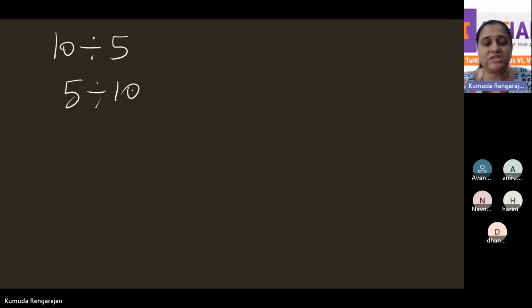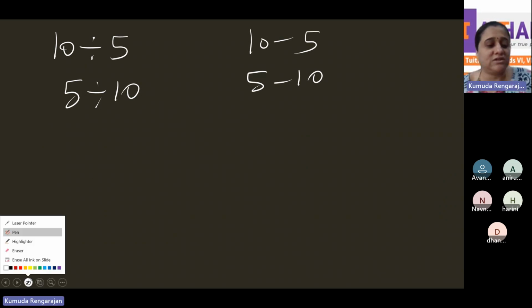Division and subtraction are not commutative or associative. 10 minus 5 and 5 minus 10 are different. But addition and multiplication are associative and commutative. All right. So you understood that, children.